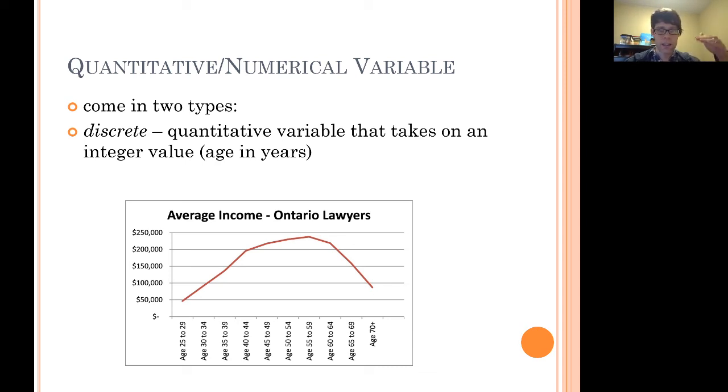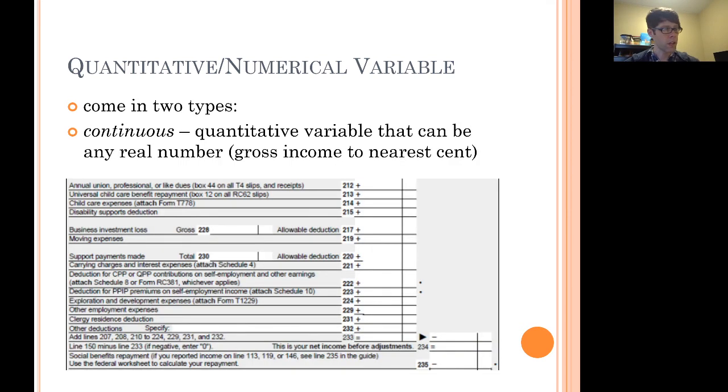And notice again that some of the ticks that we have here are in the nearest like $1,000 or nearest $50,000. So we could almost think about this average income likely as a discrete variable as well, because most people will round their yearly income up to the nearest $1,000 usually. So just a couple different examples of what we call discrete numerical variables.